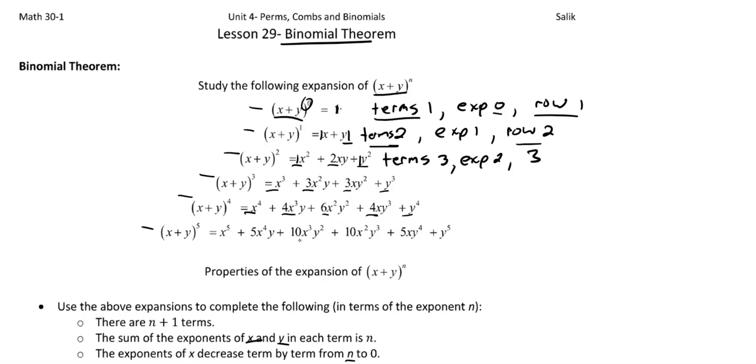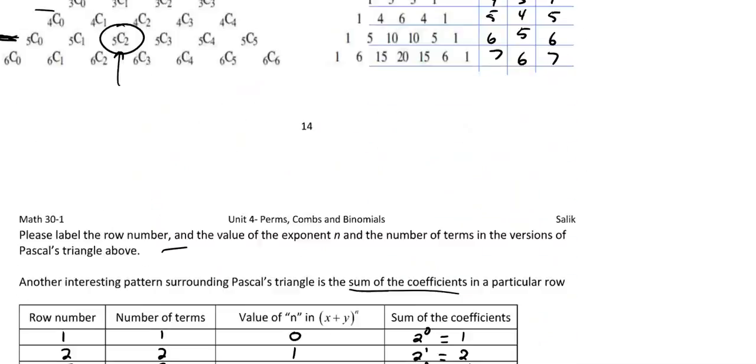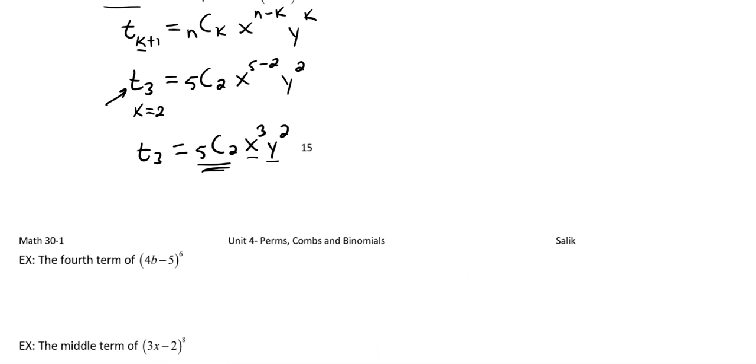And do you remember how those, like x to the 3, y to the 2, they would always add up to our exponent? Okay, so I'm actually expecting that as a number now, aren't I? So now if you actually just put in 5c2 into your calculator, right, under math and then probability, then we'd say that the 3rd term would be 10 x to the 3, y to the 2. And there you go.